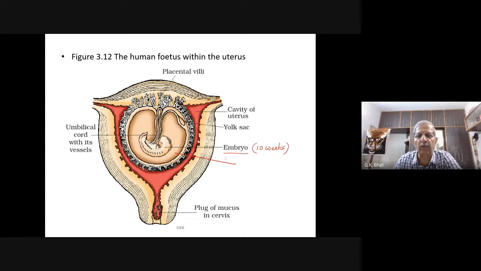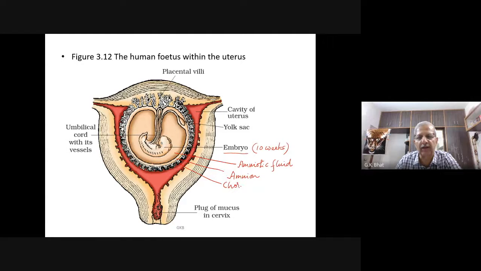So, the fetus always swims in the amniotic fluid. Outer to the amniotic fluid, you have what is known as amnion. Outer to the amnion, you have the chorion.